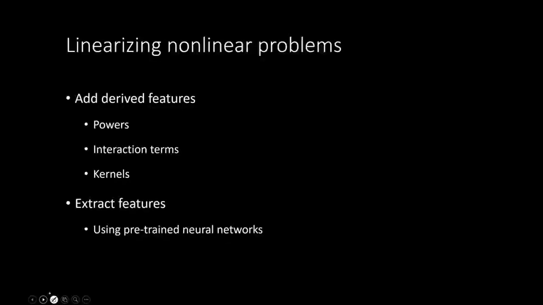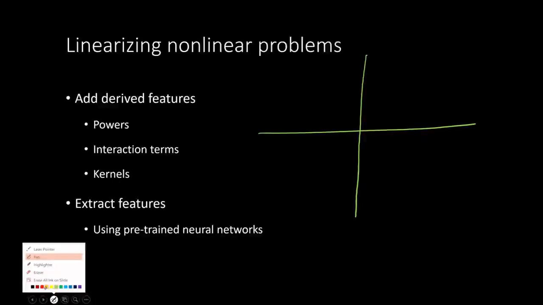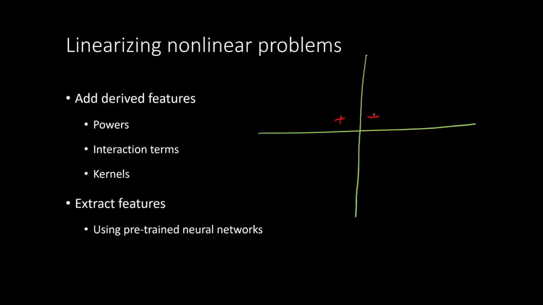We can do several things, such as increase the number of features, or we can extract features that are linearly separable. So for example, let's look at the case of adding new features. If we look at this particular case where all the positive samples are close to the origin, and all the negative samples are away from the origin, surrounding this, there is no way to linearize it.